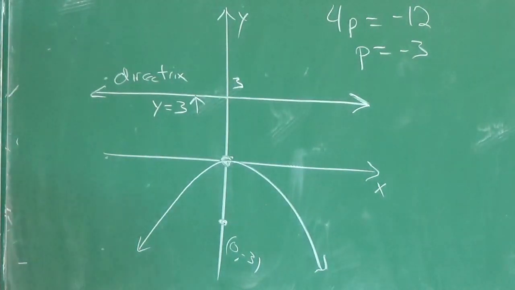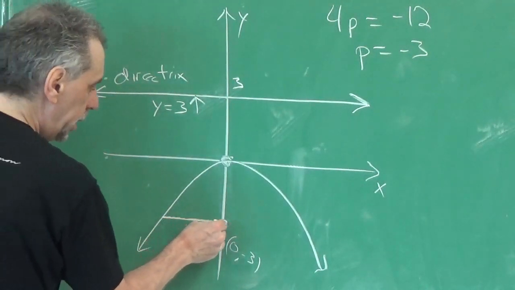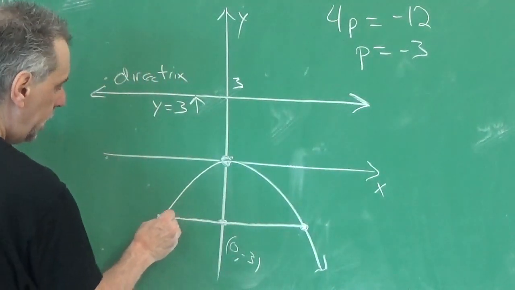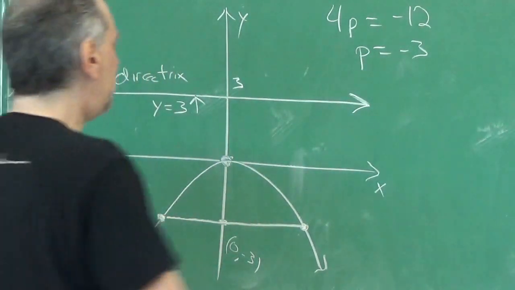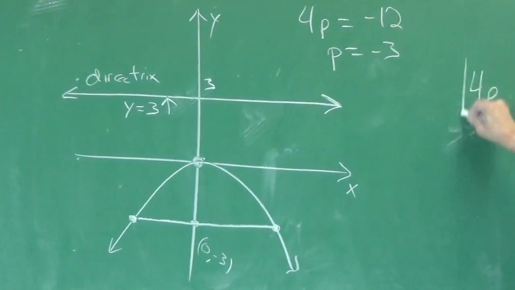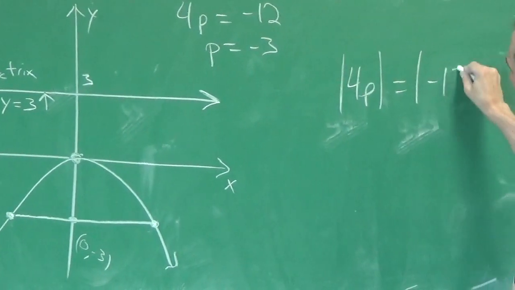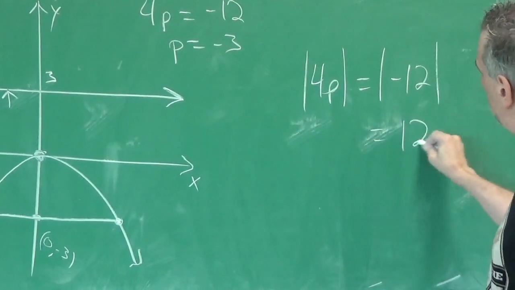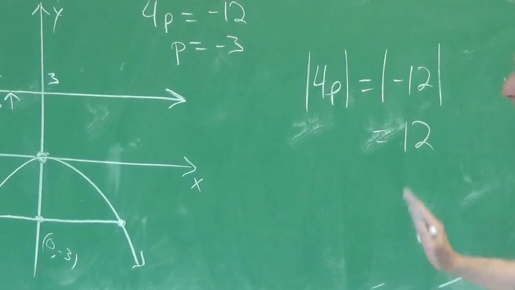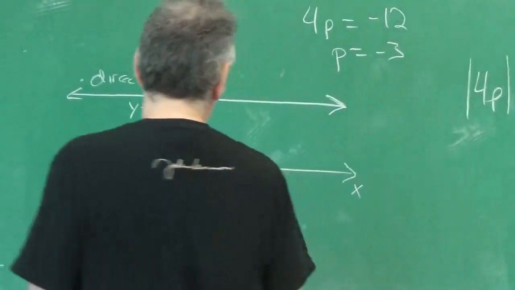Our latus rectum is the line that goes through the focus and connects onto the parabola. The absolute value of 4p tells us the length of the latus rectum. So we know that's 12, so we go 6 units to the right, 6 units to the left.